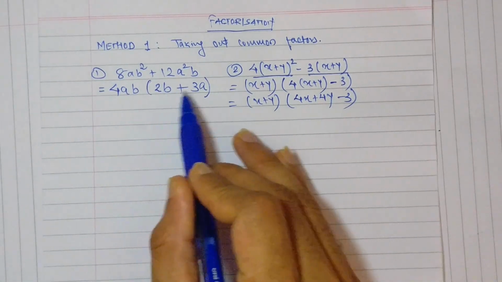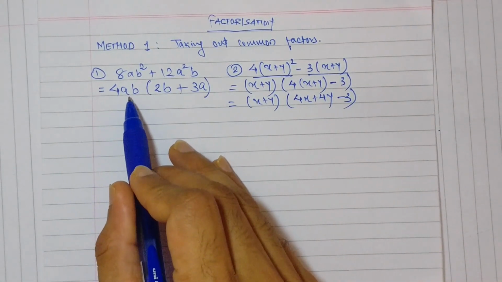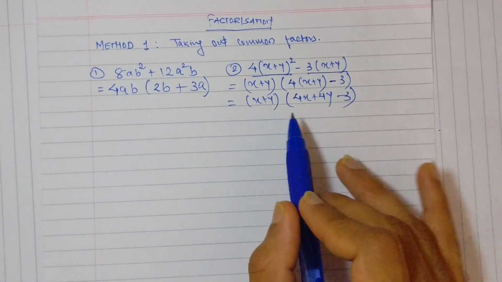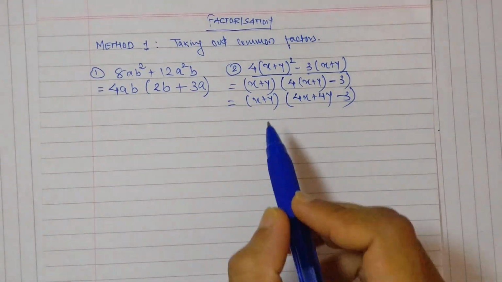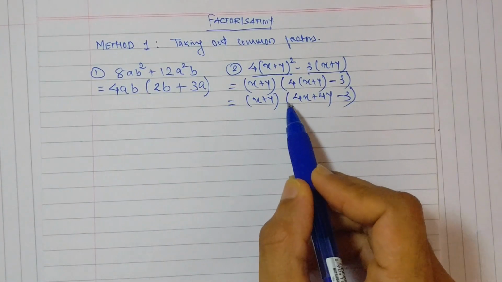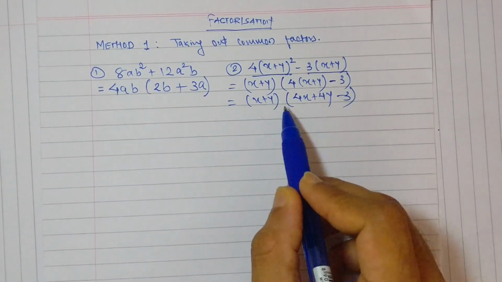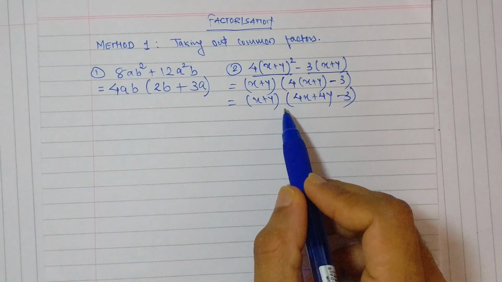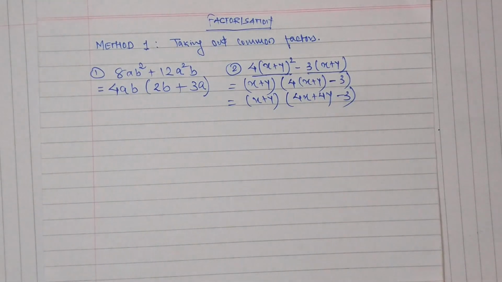One term can be binomial, other term can be monomial. One term can be binomial, other can be trinomial. Doesn't matter, as long as you've taken out the factors correctly and the final answer has the terms in the form of a product, not addition or subtraction.